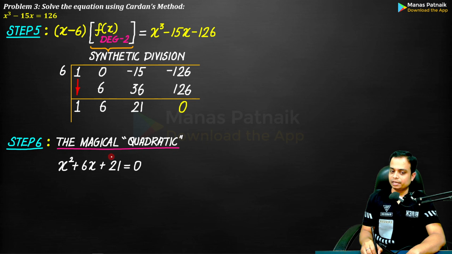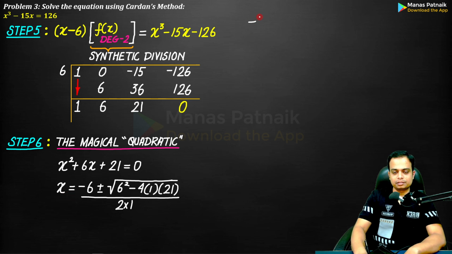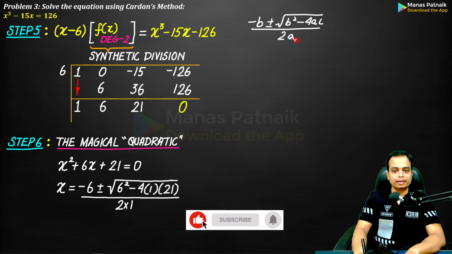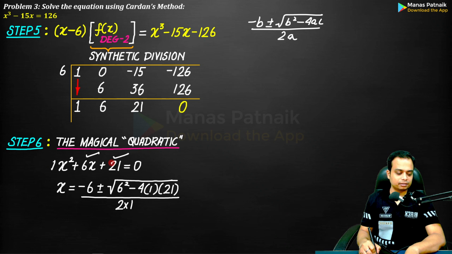But sir, it looks a bit difficult to solve. Use the formula. Minus b is minus 6, a is 1, and c is plus 21. Plug it in. This is the formula, by the way: minus b plus minus root of b square minus 4ac upon 2a. a is 1, b is 6, and c is 21.